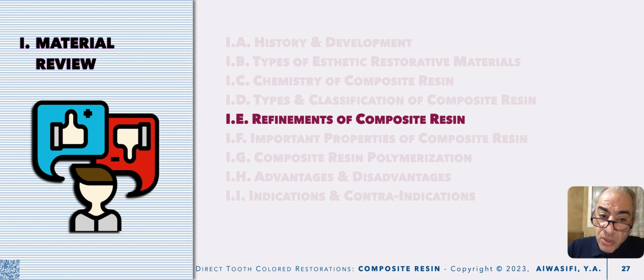That's why we would like to refine our composite to meet the ideal requirements for a restorative material, especially its aesthetics, which is now uncompetitive unless you go for ceramic material. That's why nowadays we don't have silicate, we don't have acrylic resin, we only have modified glass ionomer, with a limited use as a final restoration.